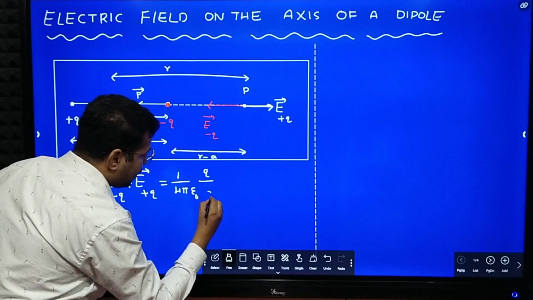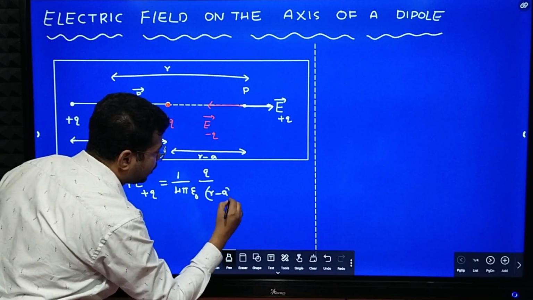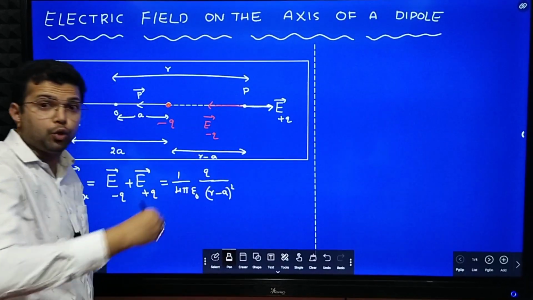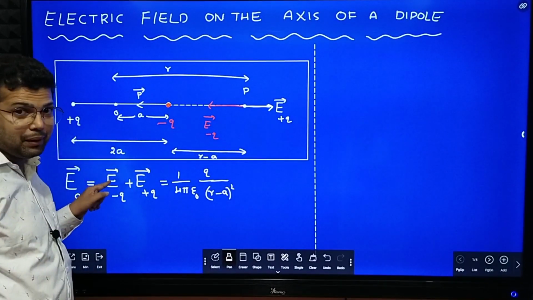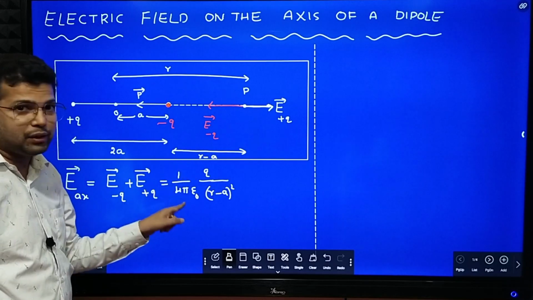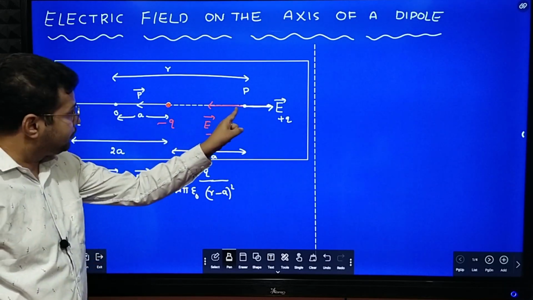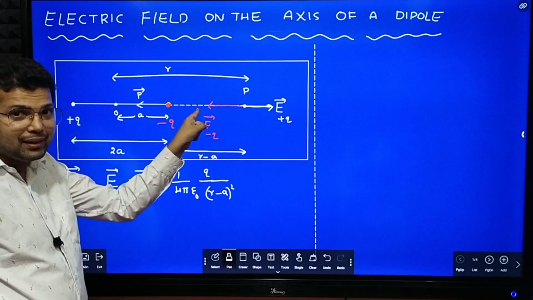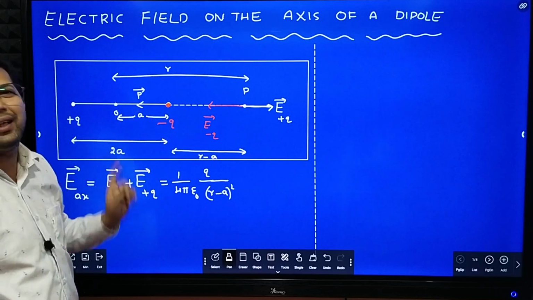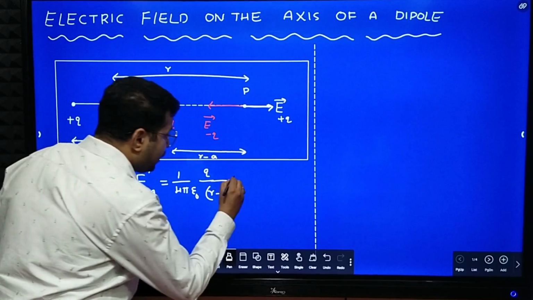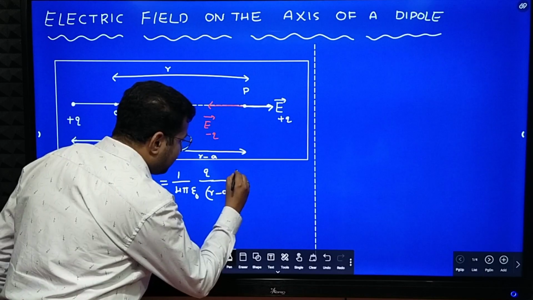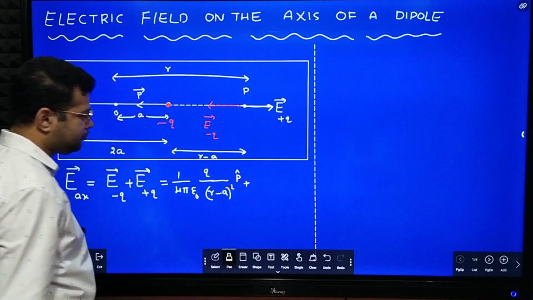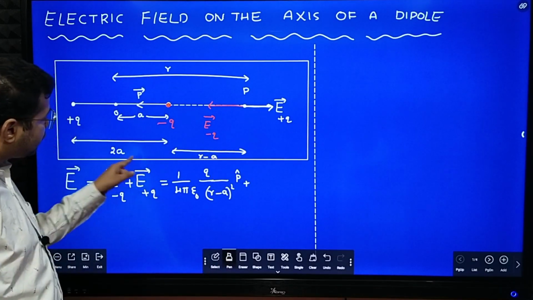So q by r square means q by r minus a whole square, into, now here there is a vector symbol. Now here we should make this vector. How? This electric field due to negative charge is in the direction of electric dipole moment. So that is why I write into p cap, plus electric field due to positive charge.